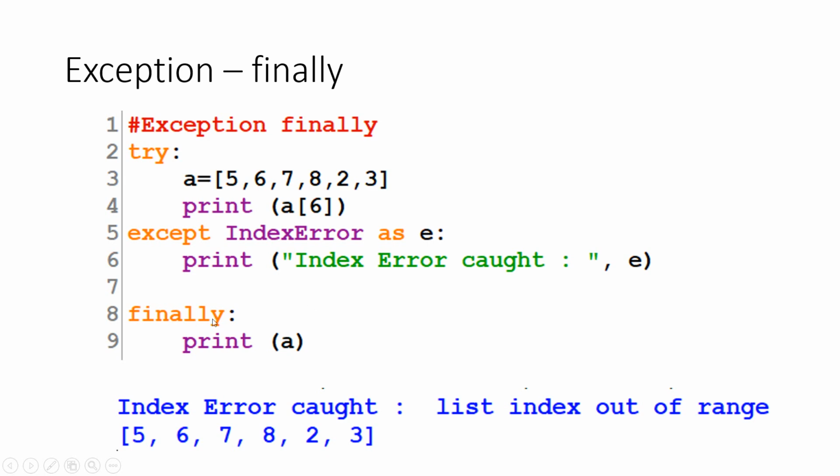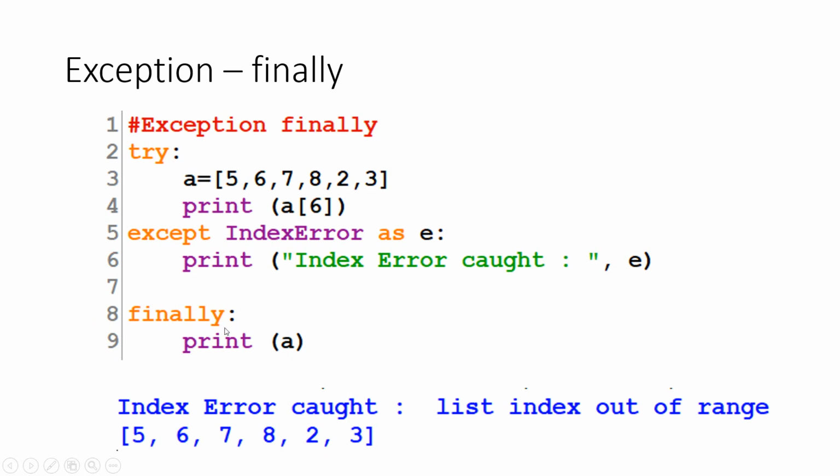And finally, the exception has occurred and the program is supposed to get terminated, but we want some more work to be done. What work do I want to do? I just want to print the list. Irrespective of the exception, if I want to do some operation, I can use this keyword finally, which is in line number 8.